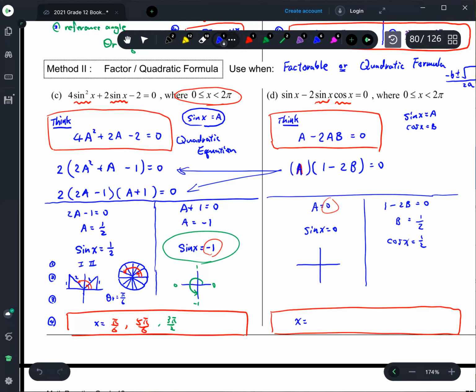Okay, Eric, where does sine x become 0? At 0 degrees and 180 degrees. So 0 and also pi. Okay, 0 and pi. So 0, 0, 1, -1, right? So 0 and pi. Here and here.